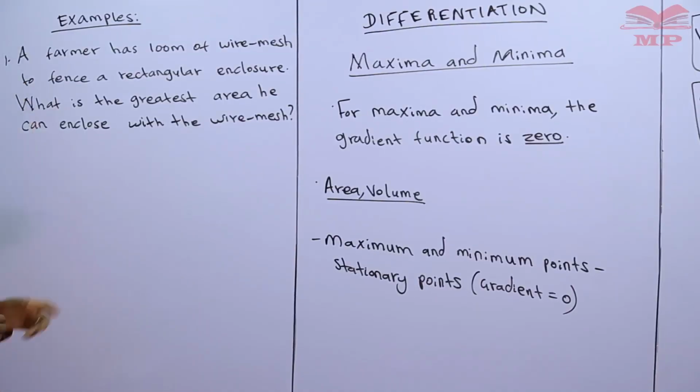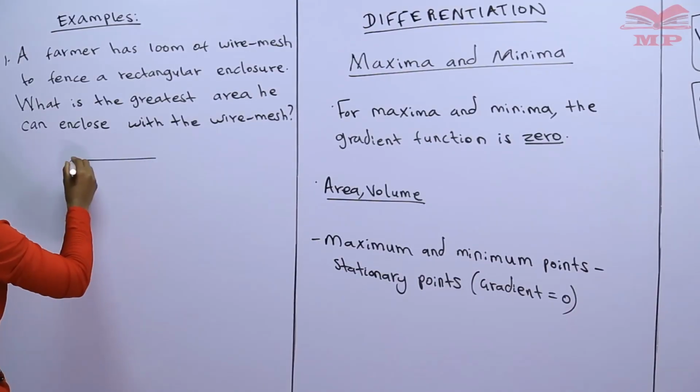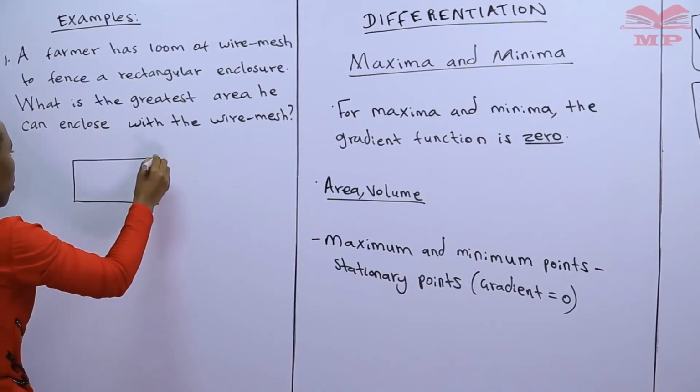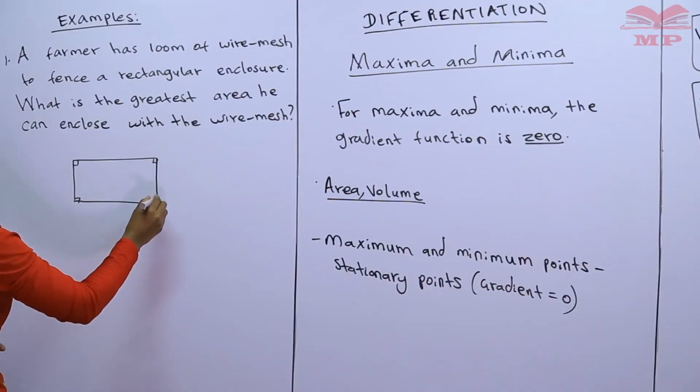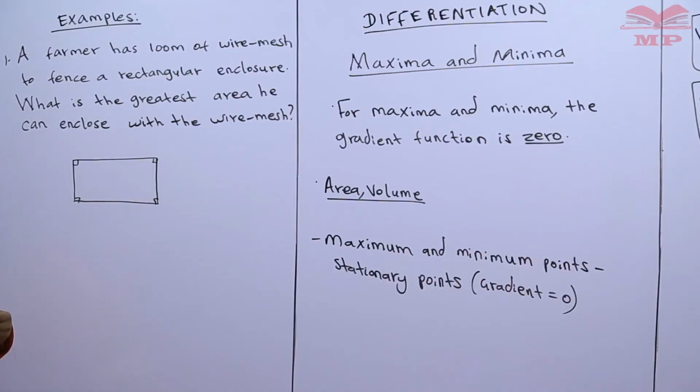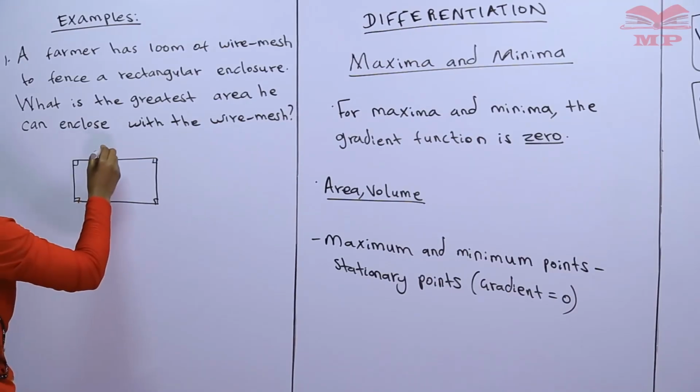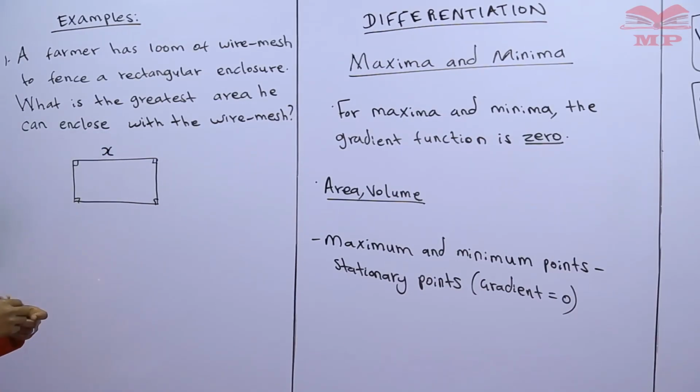So he is using the 100 meters of wire mesh to fence a rectangular enclosure. Then we are asked to calculate the greatest area he can enclose with that wire mesh. So we need to consider this rectangular enclosure. We can take x to be our length, or any letter, like even y. We are told that the length of the wire mesh is 100 meters.